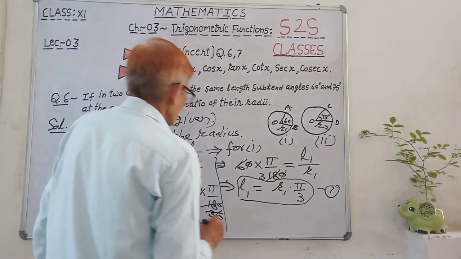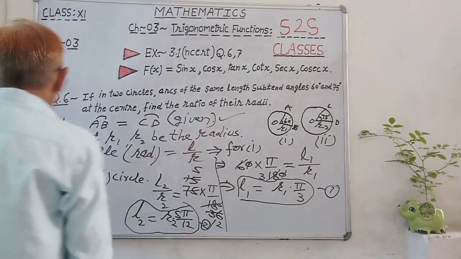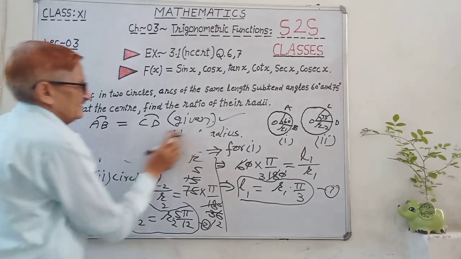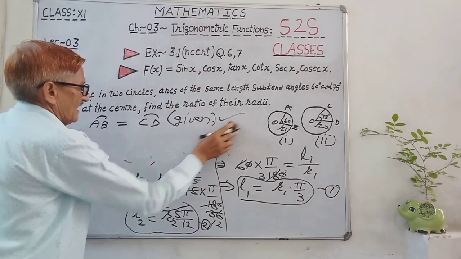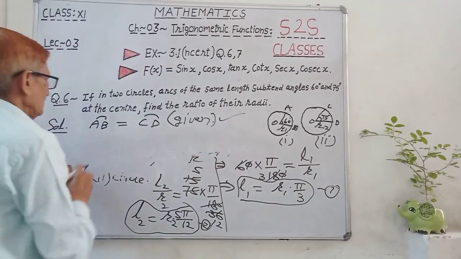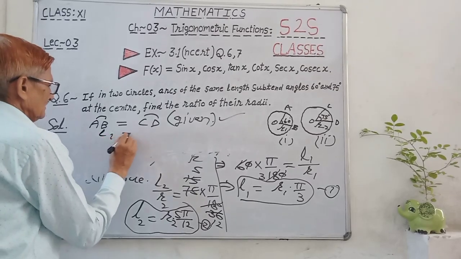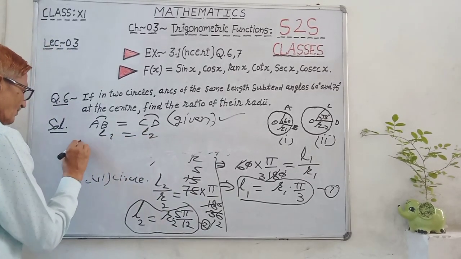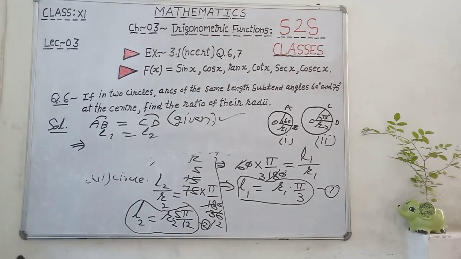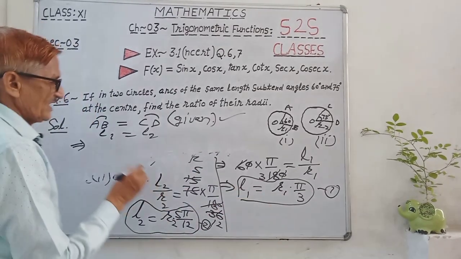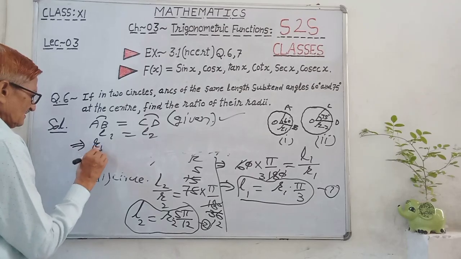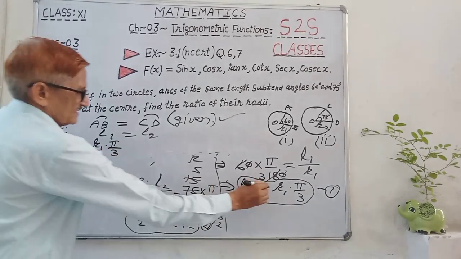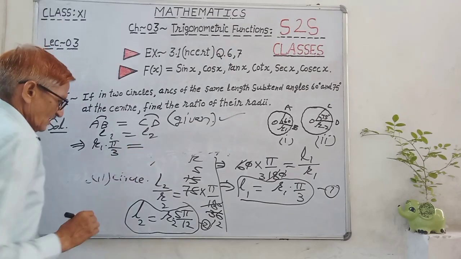Now from this second equation and first equation, this length of arc is equal here, so put equal, this L1 equal to L2, given. So put here the L1 and L2 values. L1 is R1 into pi by 3, this L1 is equal to L2.